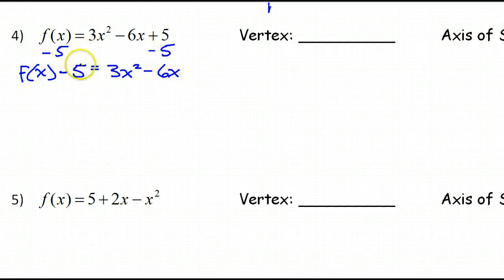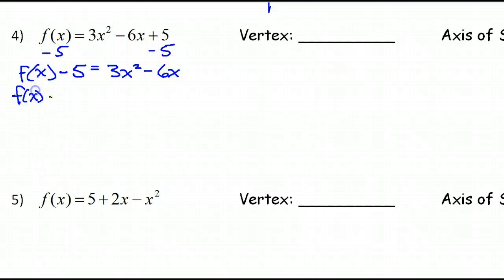So as usual, I've subtracted 5 from both sides. I will not do half of the middle squared yet because of the coefficient of 3. That's a common mistake. So it's not going to be 9. So I'm going to have to do another line.